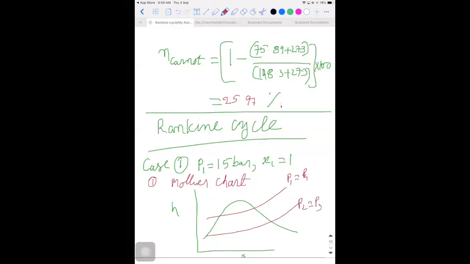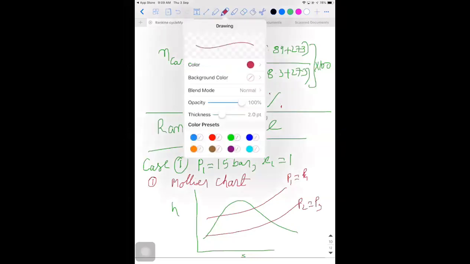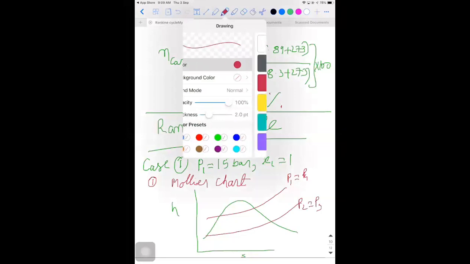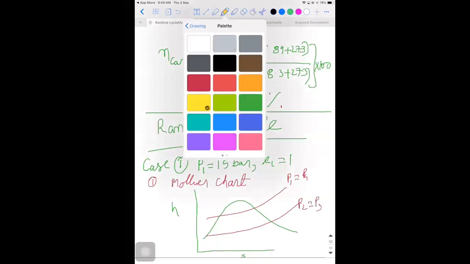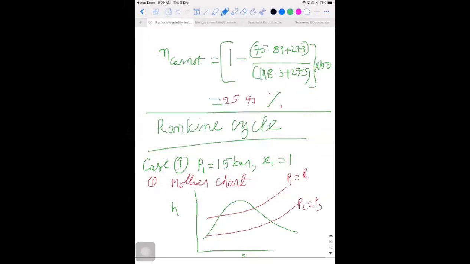Now we'll use a different color to show this. Whether you're able to see or not. Okay. Now, let us draw the corresponding HS diagram. 1 to 2.